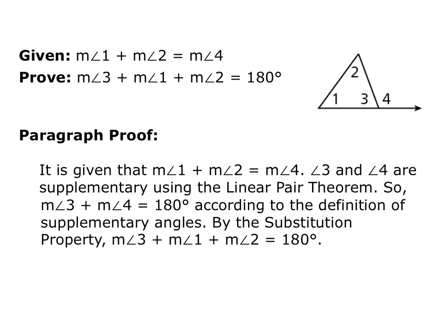Okay, so as you're writing those sentences, let's pick out what's the statement, what's the reason. Okay, this first sentence says, it is given that measure of angle 1 plus measure of angle 2 equals measure of angle 4. What part of that sentence is the reason? Like if you were doing 2-column, what would be on the right-hand side?